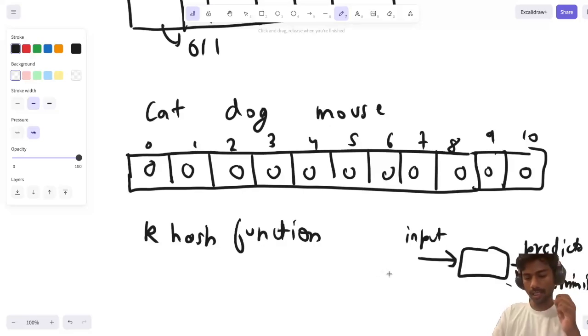And if we change even a single character or characteristic of this input, the output will change drastically. That's what a hash function is.